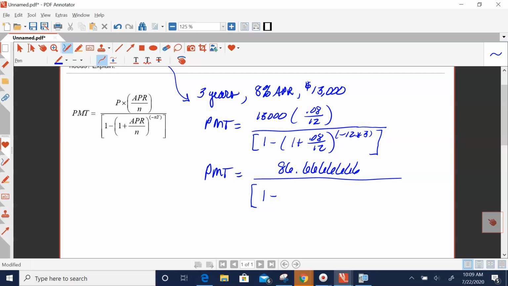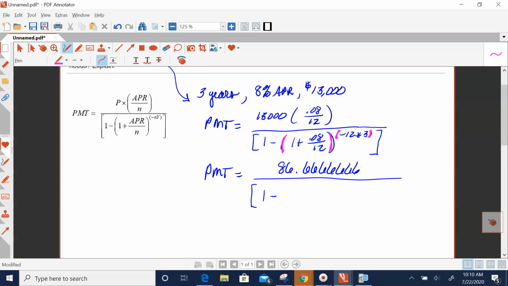I'm going to work on the part that's in the parentheses. I highlighted the parentheses because it's open parenthesis, 1 plus 0.08 divided by 12, close parenthesis, and that's raised to the negative 12 times 3 power.